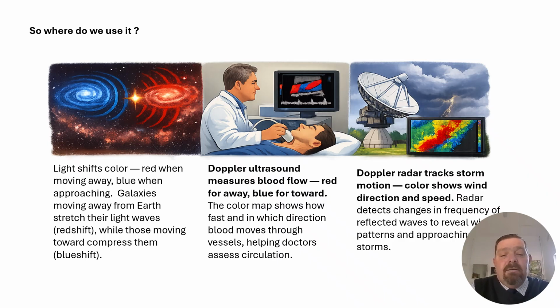So red colors that they observe tell us that galaxies are moving away from us, longer wavelength. And blue is when it seems galaxies are moving towards us. And because there's this noticeable red shift in the universe, we like to believe the universe is expanding.